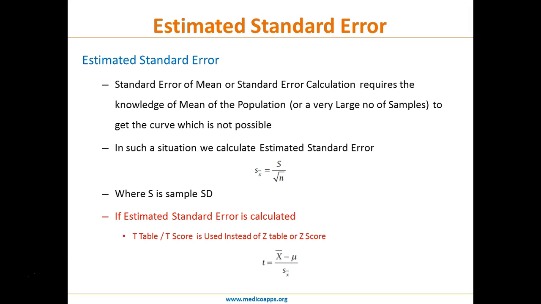The only difference is that Z score is used in descriptive statistics, where you know the data for the entire population, whereas T score is used in inferential statistics, where the number of samples is very small compared to the entire population. We are going to look at both of these, the estimated standard error and the use of the T table, in upcoming slides.